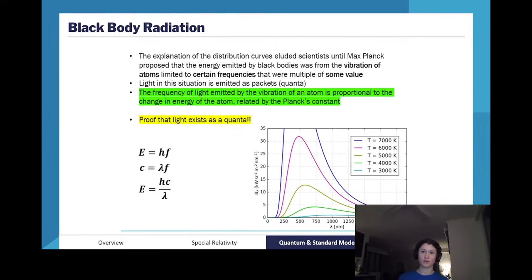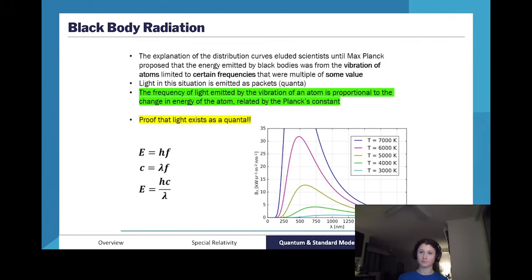So, light in this situation is emitted as packets or quanta. So the frequency of light emitted by the vibration of an atom is proportional to the change in energy of the atom, related by Planck's constant. So this is proof that light exists as a quanta.